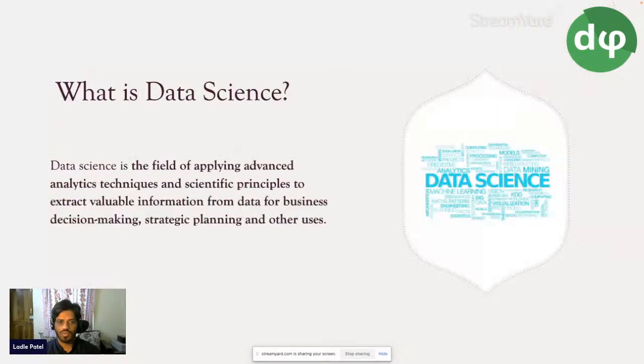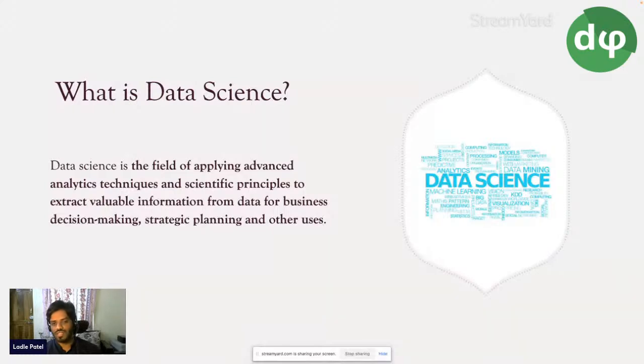So let's go. Data science, first of all, is not a new term. The kind of work we do in data science is not new. The term is new, although it was introduced maybe more than a decade ago. But the work we do is basically information extraction, right?